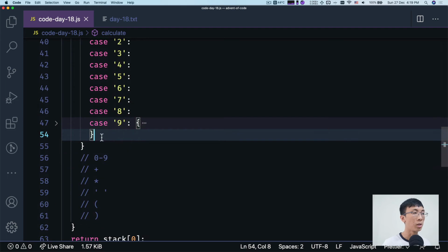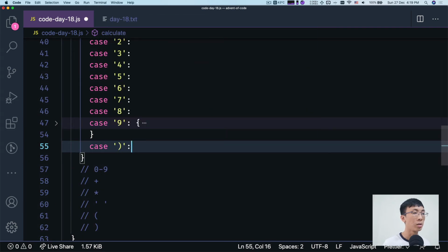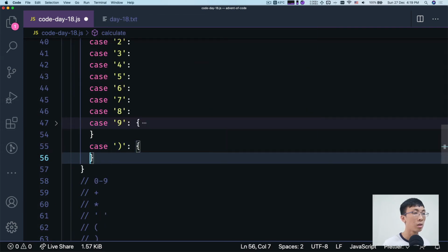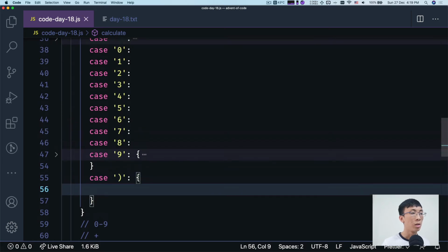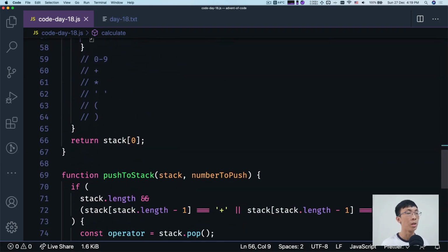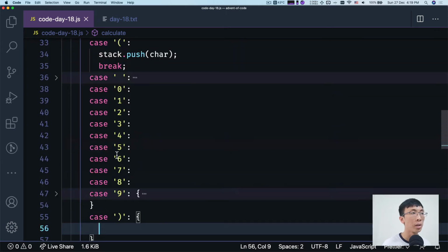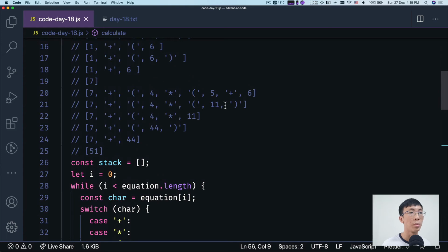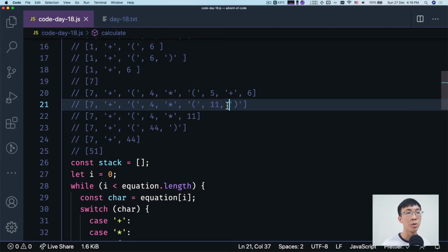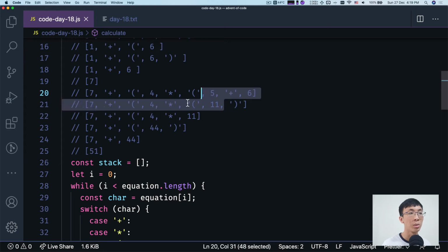Right, so case closing bracket. In this case, we're gonna pop a number, and then the opening bracket. As you can see here, we're gonna pop number. So we don't push this closing bracket. We're gonna pop number and the bracket, and then we'll push the number in.